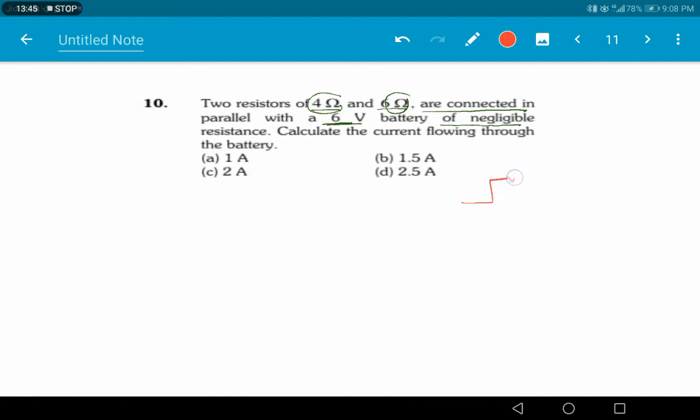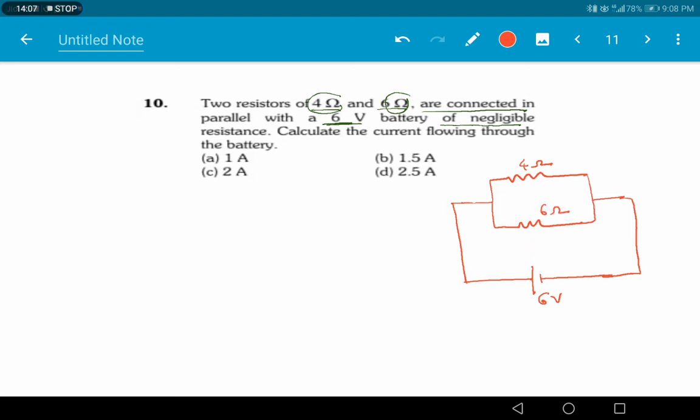So 4 ohm and 6 ohm are connected in parallel with a 6 volt battery of negligible resistance, that means there is no resistance of the battery. So 6 volt, 4 ohm, 6 ohm. They are asking the current flowing in the battery.